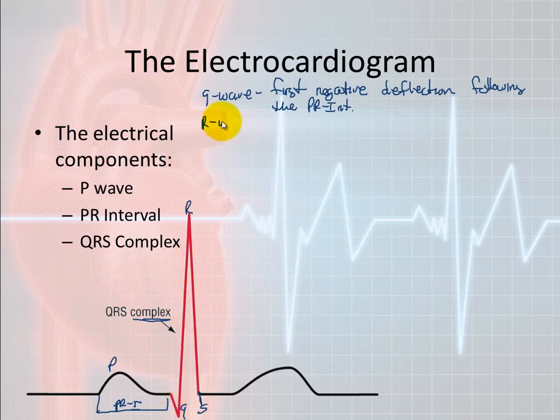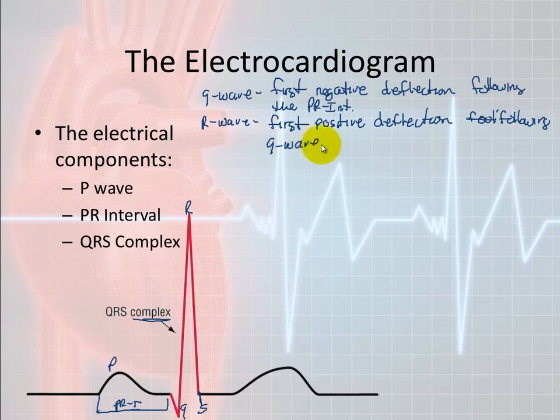Now an R wave is defined as the first positive deflection following, and it's either going to follow the Q wave or the PR interval.